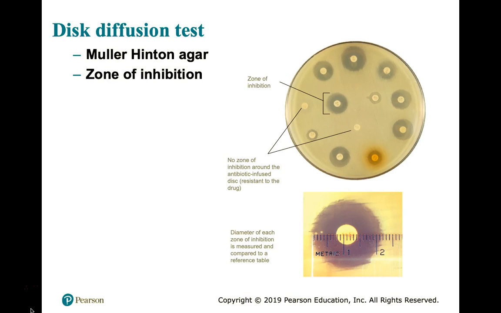Let's take a look at disk diffusion. You've used disk diffusion. Well, actually, you've seen it. I created the plates for you. I put down the disks, and then we saw what would or wouldn't grow around that disk. For Lab 7, I used a pure culture of E. coli, and I plated it.